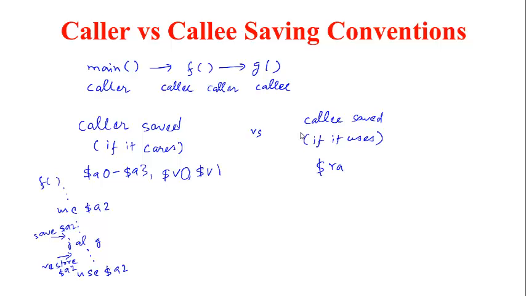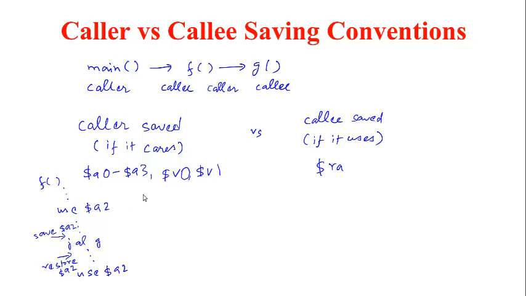So to reiterate, each register has to be saved and restored either by the caller or the callee using the stack. In caller saved registers, the responsibility of saving and restoring falls upon the caller. In callee saved registers, the responsibility falls upon the callee.